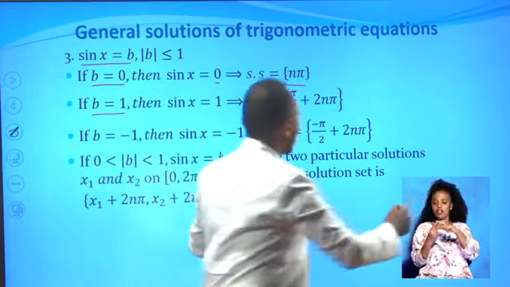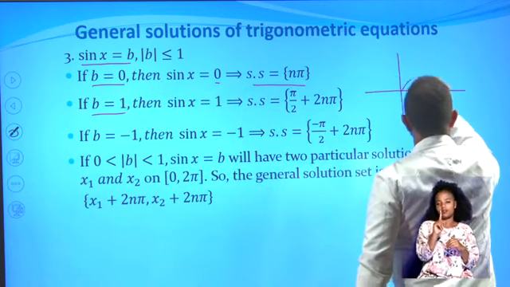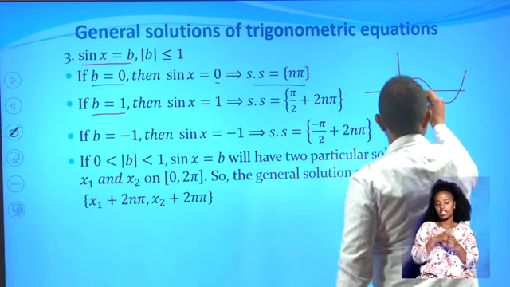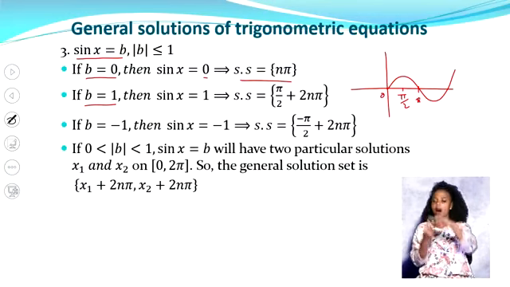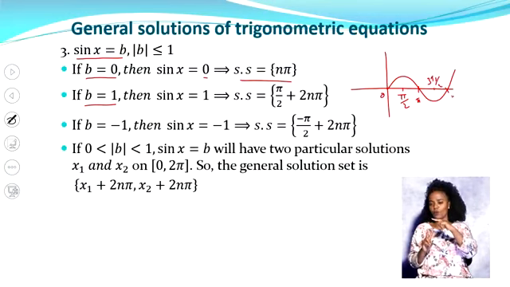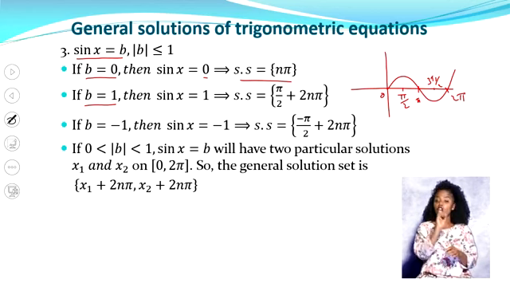You can see this graphically, by the way. Here we have 0, pi over 2, pi, 3 pi over 2, 2 pi. As you can see from this graph, the sine function is 0 at 0, pi, 2 pi, at n pi.